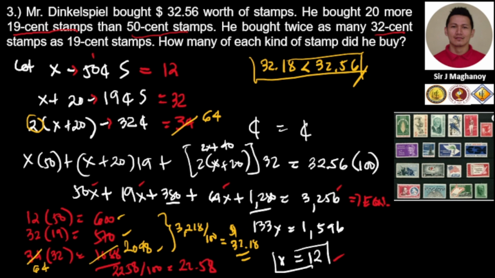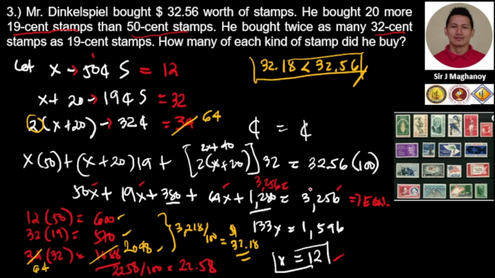That is 50 times 12 plus 19 times 12 plus 380 plus 64 times 12 plus 1280, that is 3256.